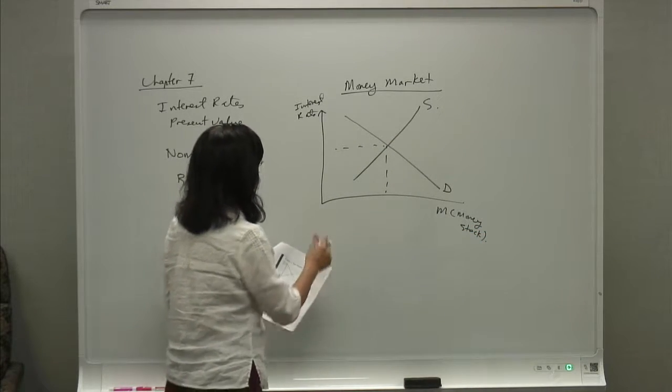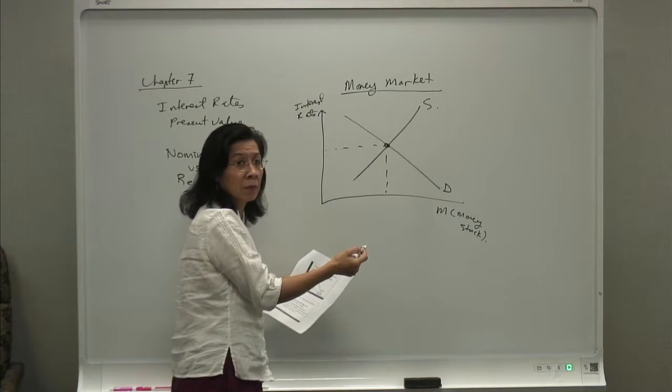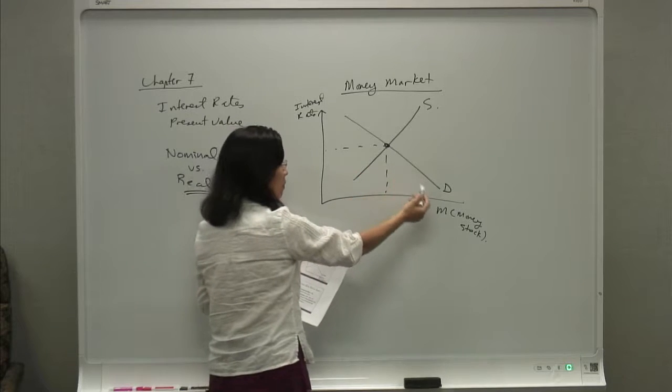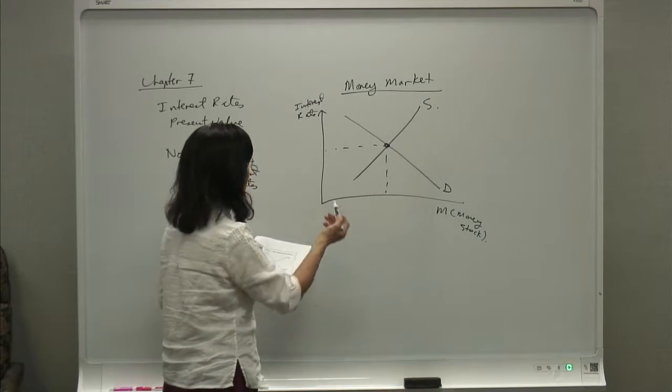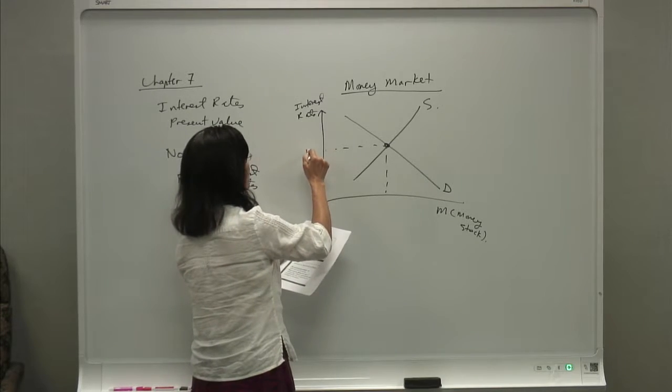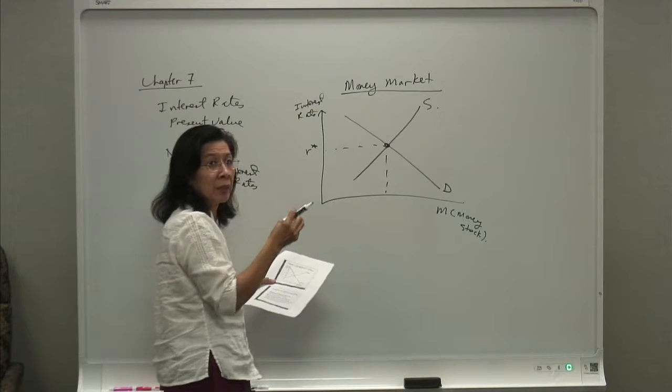The important thing is the intersection of the supply and demand curve for money. There's a demand for money, downward sloping, and the supply of money, as usual, is upward sloping. So you get your equilibrium interest rate. The star usually means equilibrium.